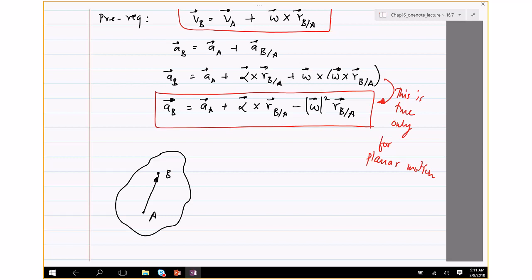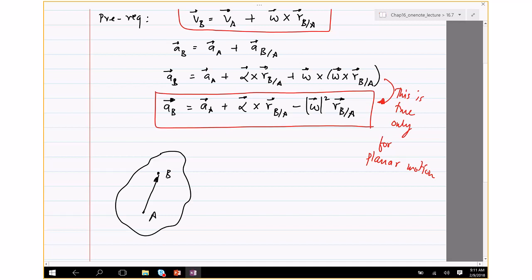What the formula is saying is acceleration of B is acceleration of A plus something else. So when this rigid body moves, the motion of B is given by the sum of acceleration of A, that's the translation motion, and the second part, these two terms, is related to rotation of the rigid body.